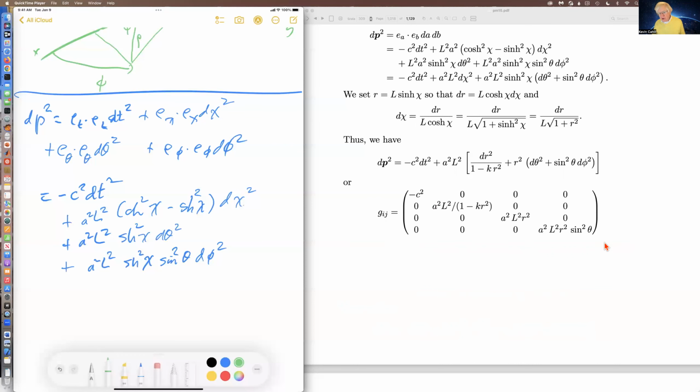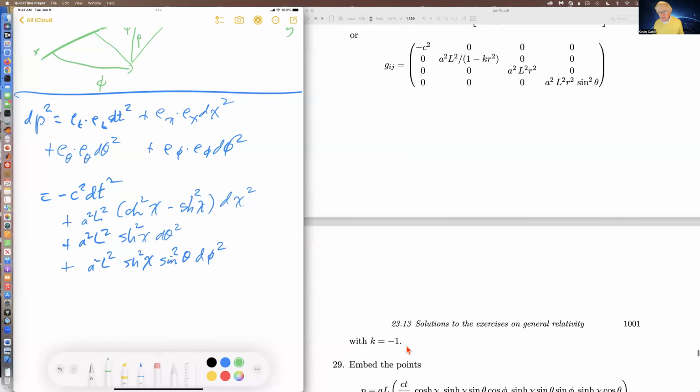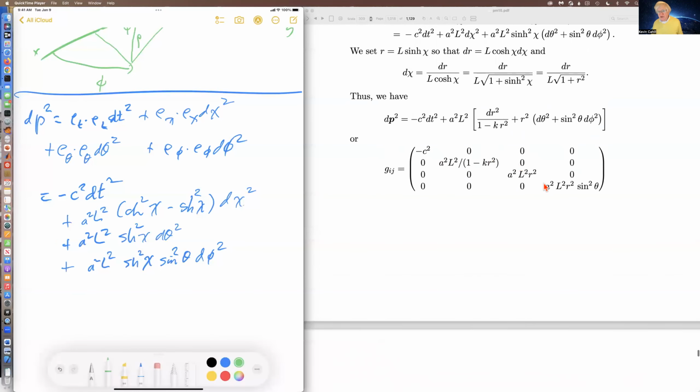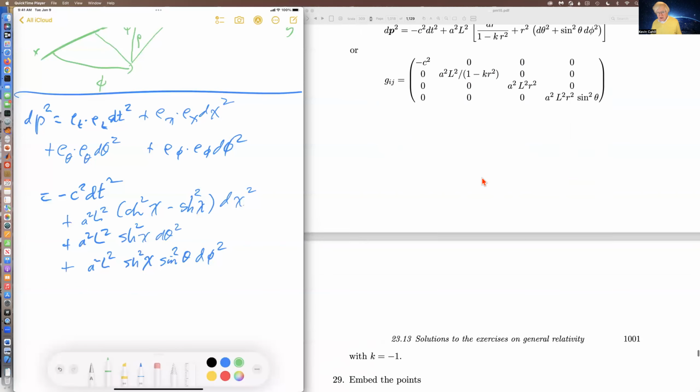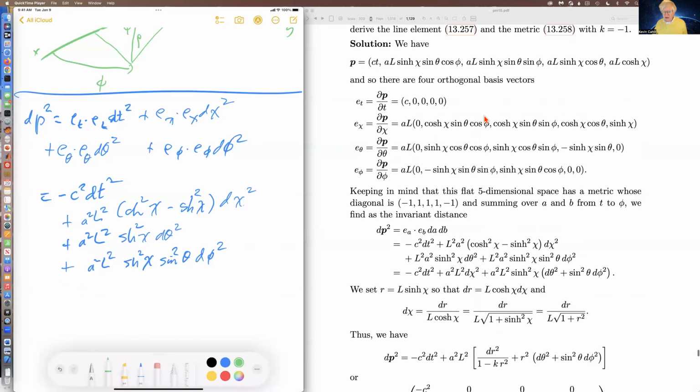And so this is the k equals -1 metric, and so this is the metric for the closed universe. So the closed universe then looks like this. Now, actually, my memory is that there may be a typo here, because my memory is that this metric is the metric for the open universe as opposed to the closed universe.